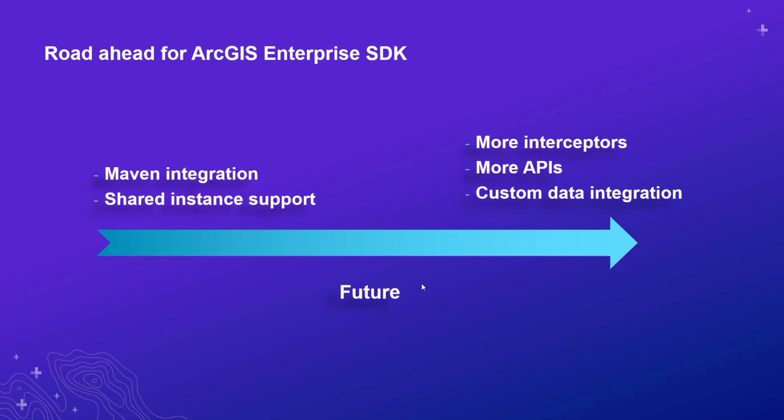Another area we will work on is custom data integration. So basically, end users will be able to view custom data in ArcGIS Enterprise. If you are interested in some of the features I mentioned, or if you have more ideas that are not covered on our road ahead, feel free to contact us or make comments on GeoNet.